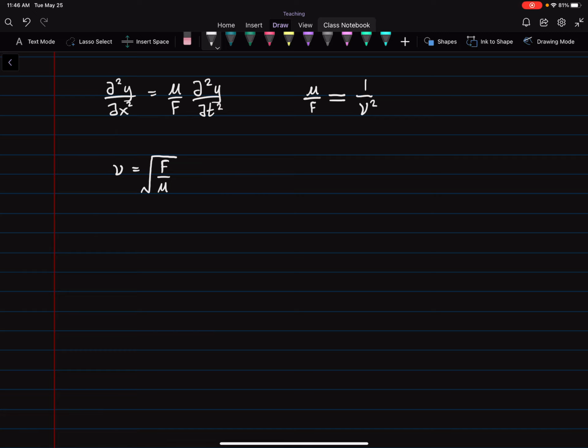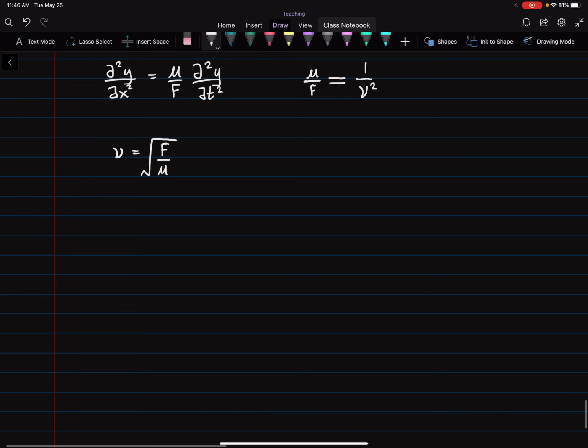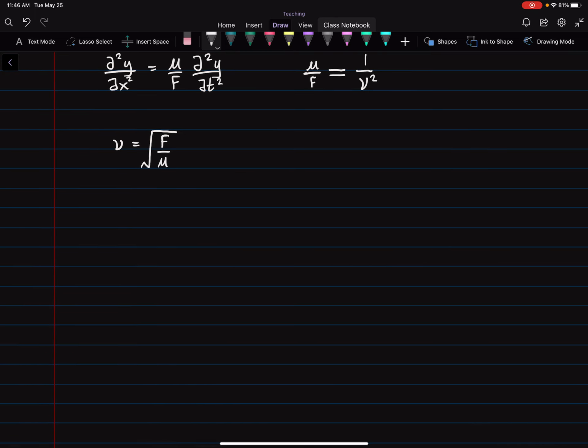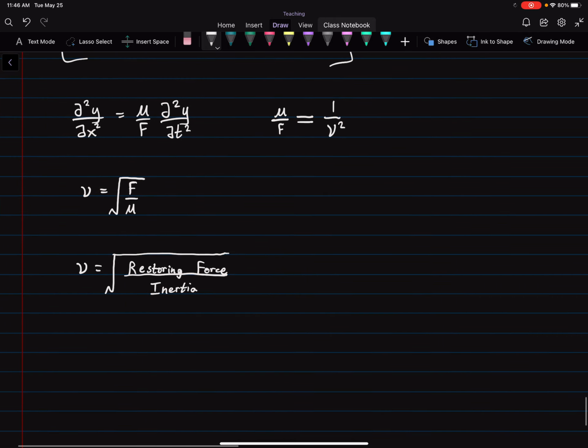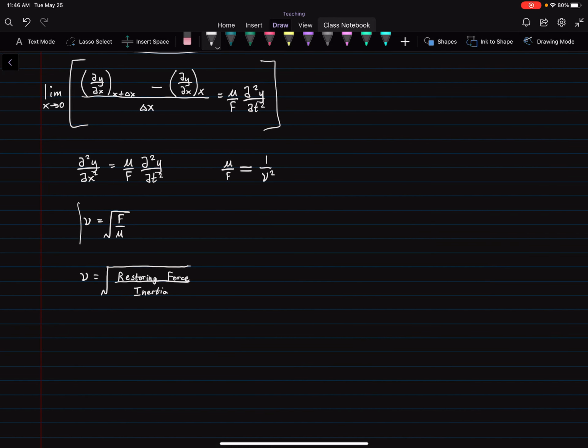So this wave speed right here isn't applying to all waves ever like the wave equation, but in general, the wave speed of any mechanical wave has that same form of having a restoring force up top and an inertia term down below. That same general form is found for all kinds of mechanical waves.